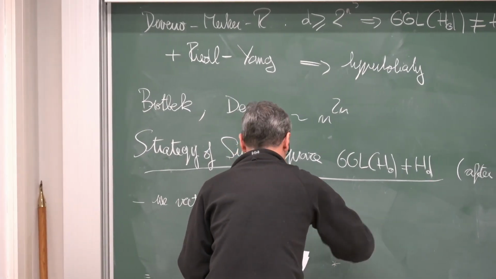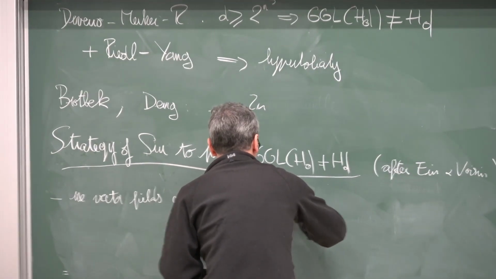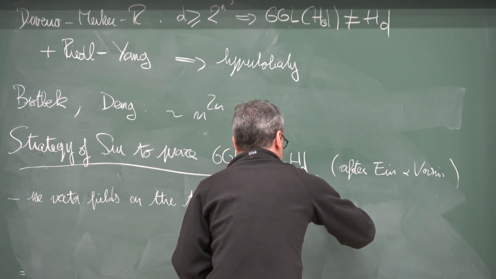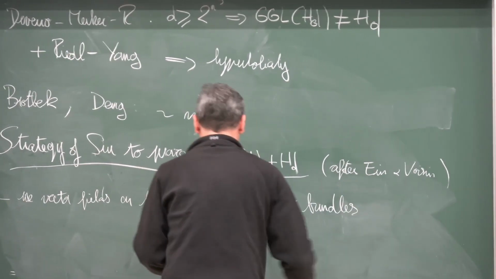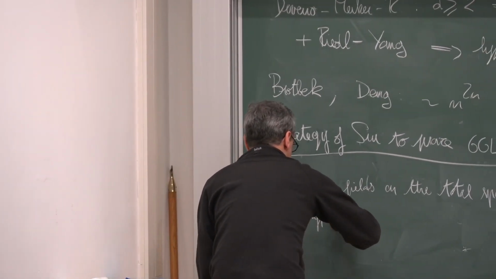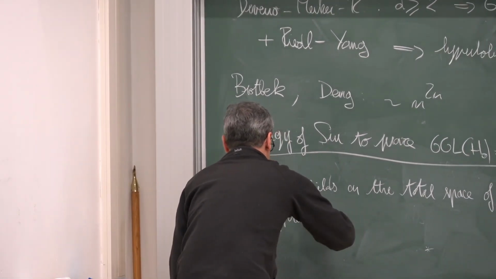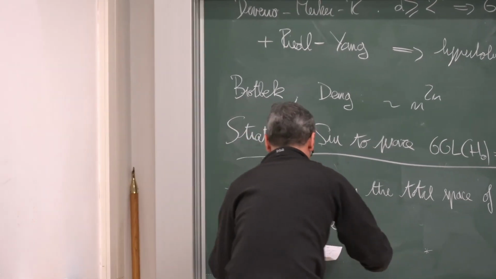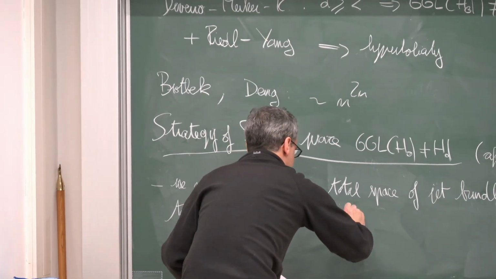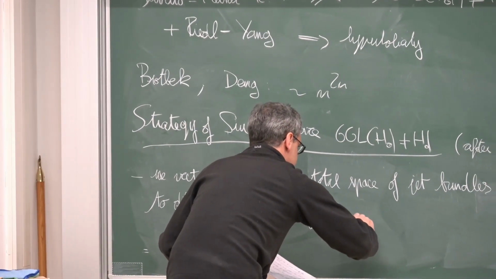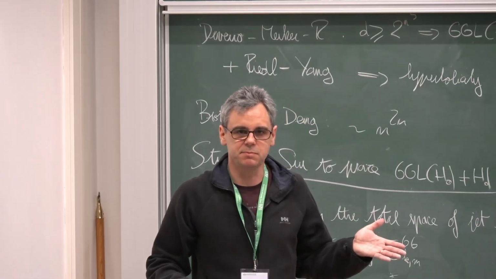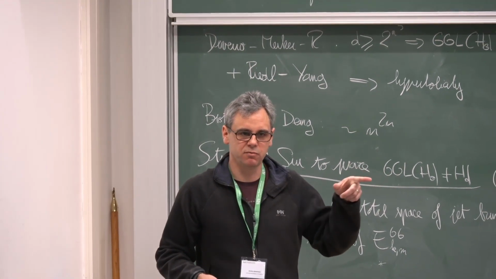So you need to work on the total space of jet bundles to differentiate sections of this bundle, which I recall are nothing else than functions on jet space, and you will differentiate them with vector fields.